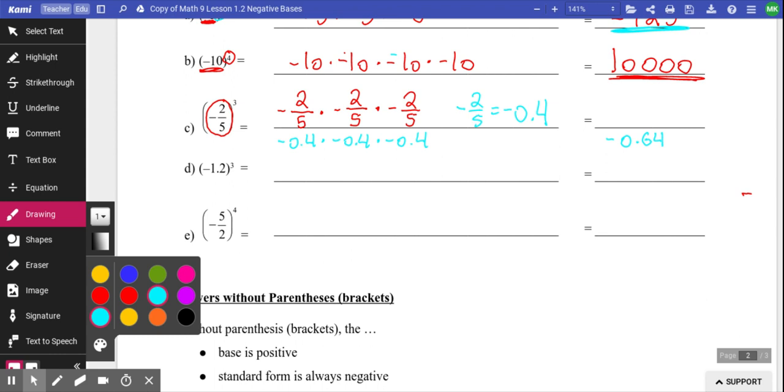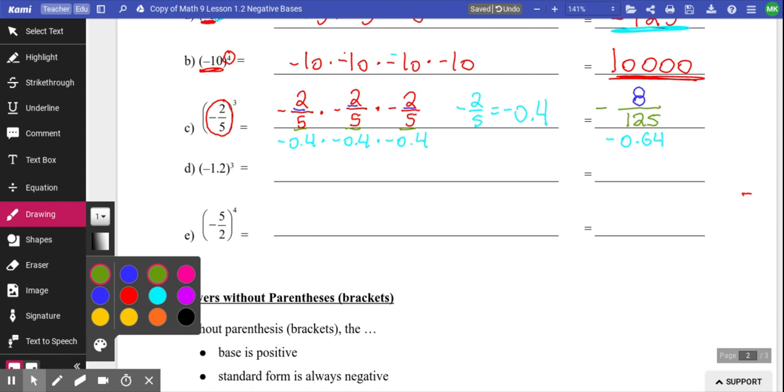So for us, I would go 2 times 2 times 2 to get a new top of 8. Then I could multiply the bottoms, 5 times 5 times 5, to get a new bottom of 125. And again, it would be negative because there were 3 of them, and that's an odd number.